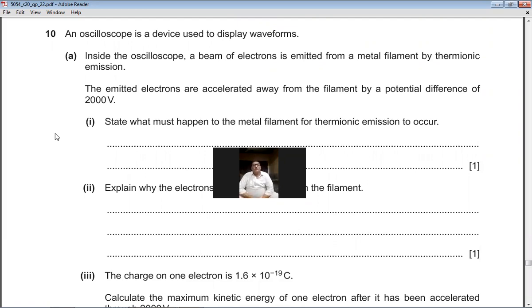Inside the oscilloscope, a beam of electrons is emitted from a metal filament by thermionic emission. The emitted electrons are accelerated away from the filament by a potential difference of 2000 volt. State what must happen to the metal filament for thermionic emission to occur. For thermionic emission to occur, the cathode must be heated. The filament must be heated.